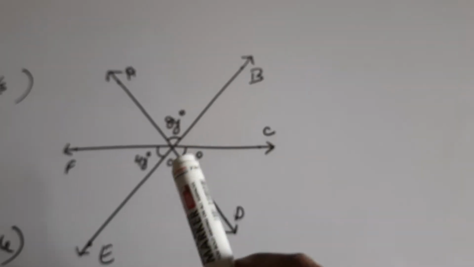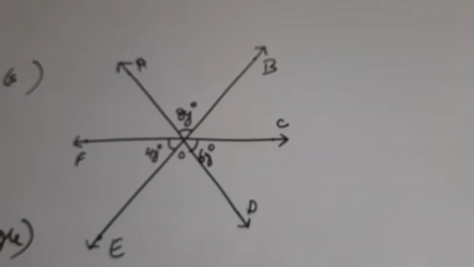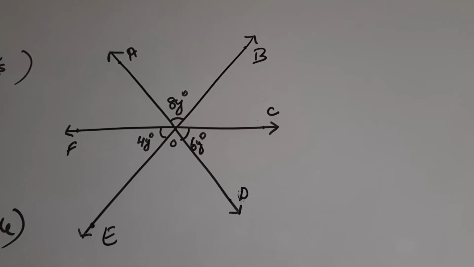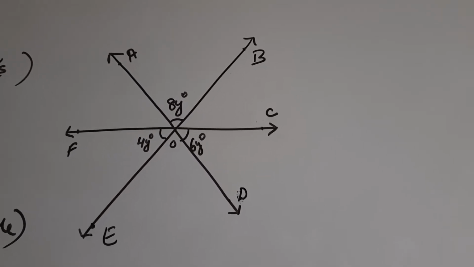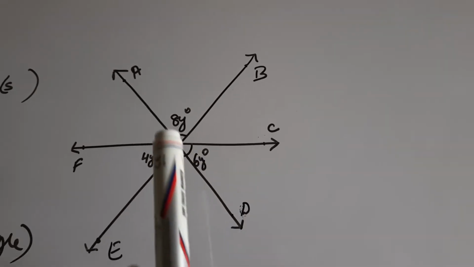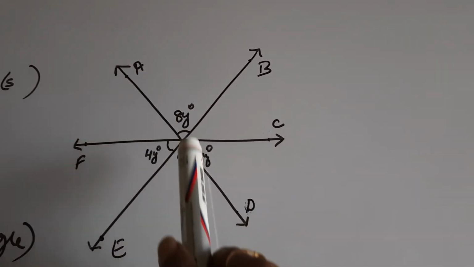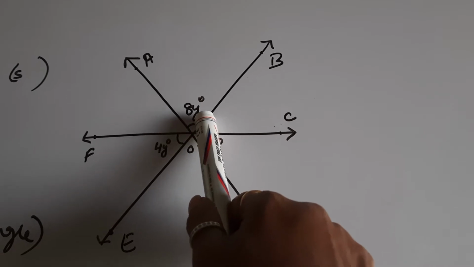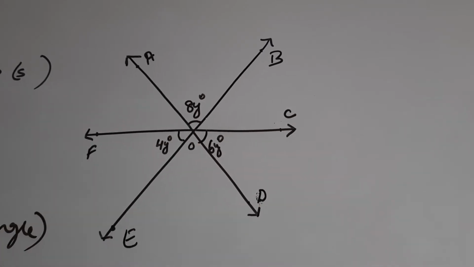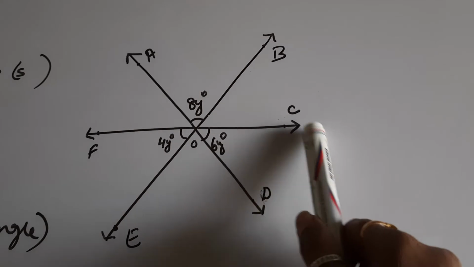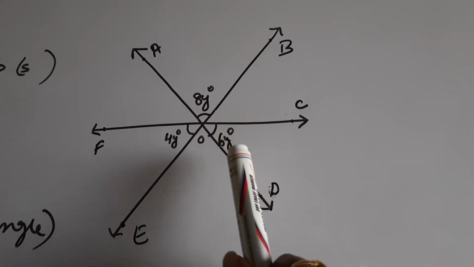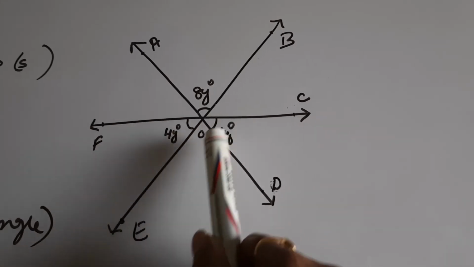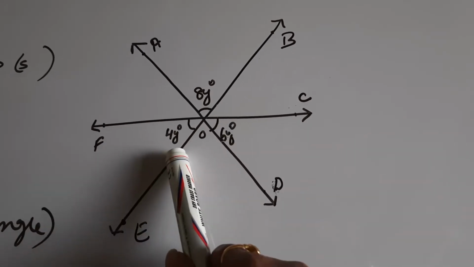So here, you can see a straight line, F4C. Okay. And you can see angle AOB is given as 8y degree. Angle COD is given as 6y degree. Angle FOE is given as 4y degree.